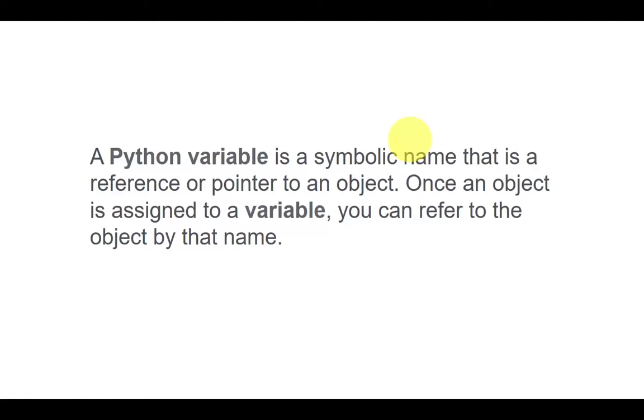A Python variable is a symbolic name that is a reference or a pointer to an object. Once an object is assigned to a variable, you can refer to the object by that name.